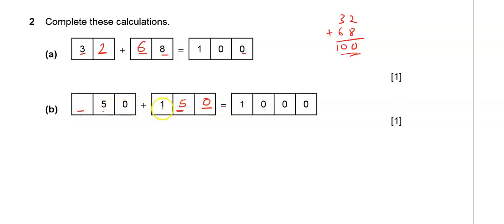Remember we have 1 here, and 5 plus 5 is 10. So this becomes 200. And we need a number that, when you add to 200, we get 10. And that number is 8. We can check that. 850 plus 150. This is 0, 0. That is 10. Carry 1. 9 plus 1 gives us 1,000. That is correct.